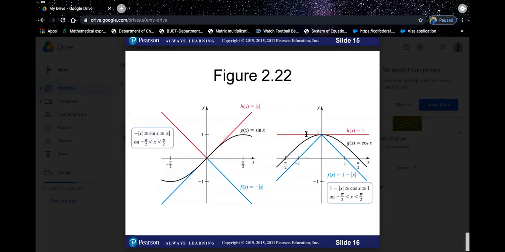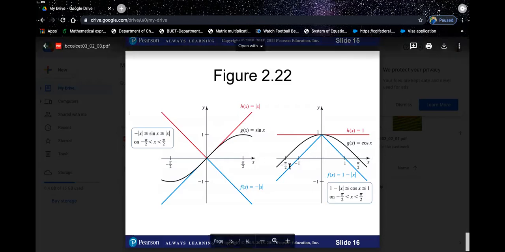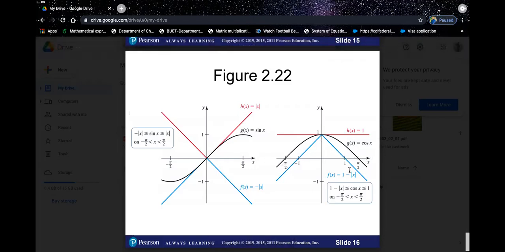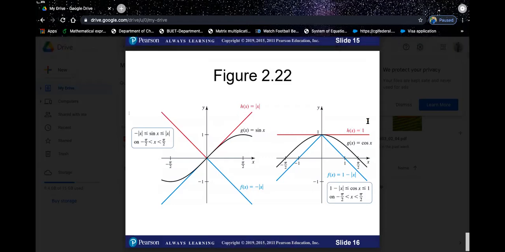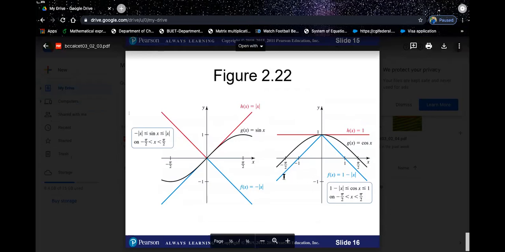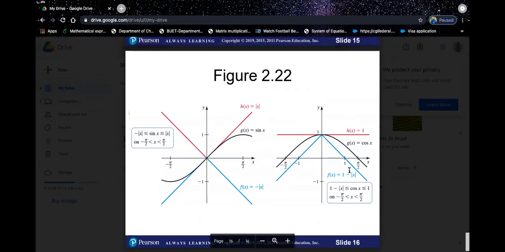Same goes for this one as well. This is the graph of cosine x. This is only a shorter part of cosine x. You can actually extend it this way and this way as well. This is the graph of cosine x from negative pi over 2 to pi over 2. And this can also be squeezed between the constant function h of x equals 1 and 1 minus absolute value of x, this bluish one.